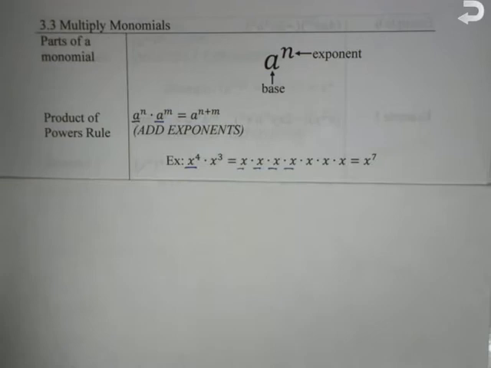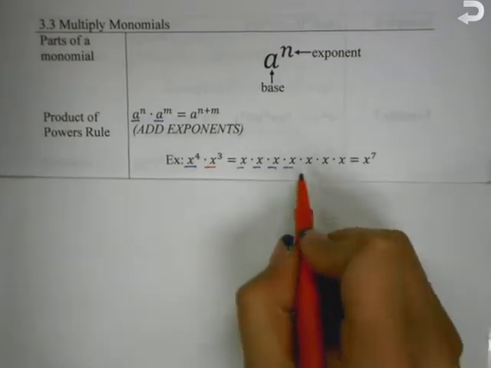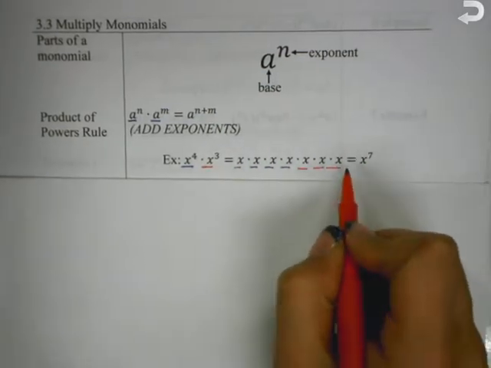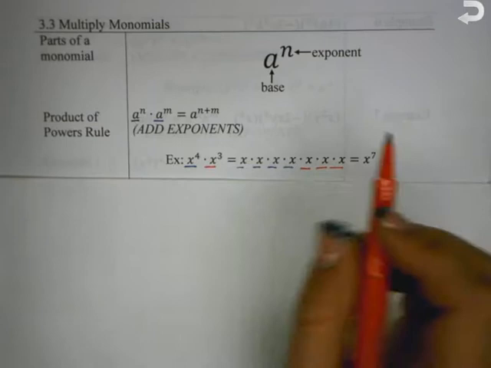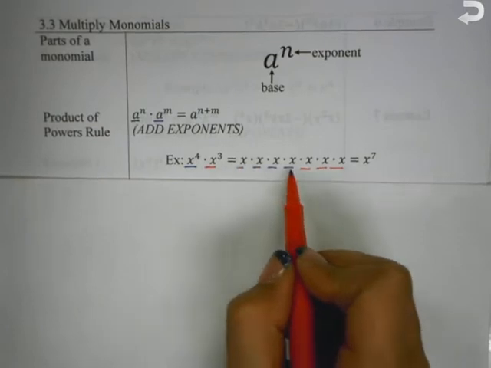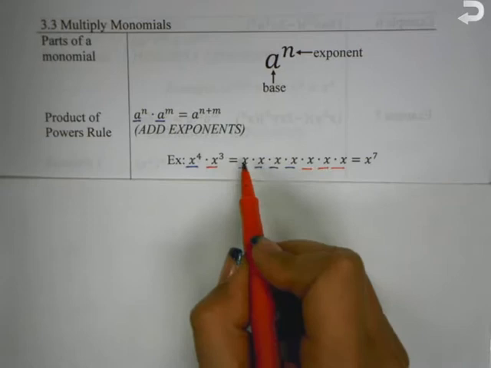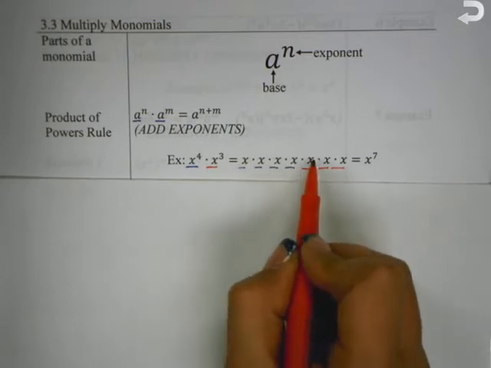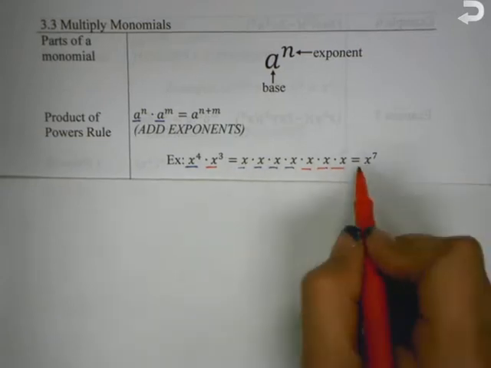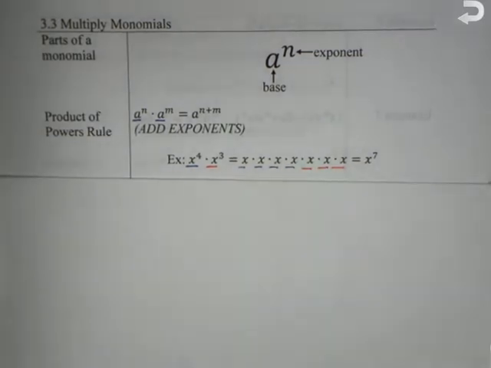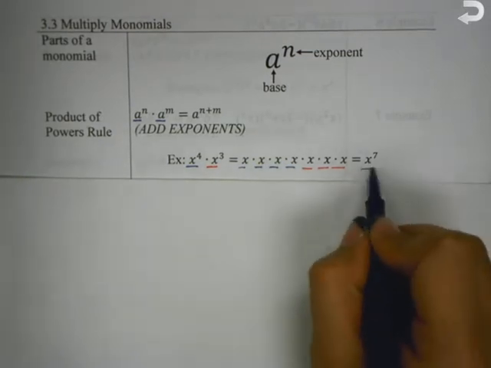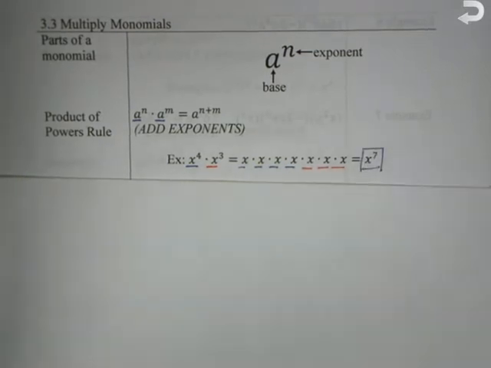X to the third is X times X times X. So I'm multiplying X 4 times and multiplying it 3 times. So how many X's do I have? 1, 2, 3, 4, 5, 6, 7. So we would represent that as X to the 7th, not 7X. So basically, you're just adding the exponents.